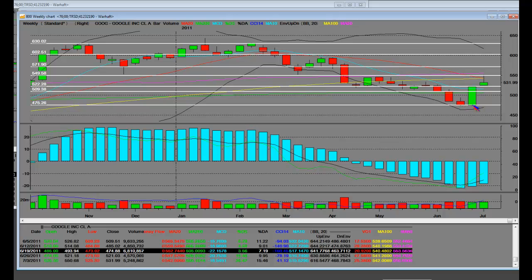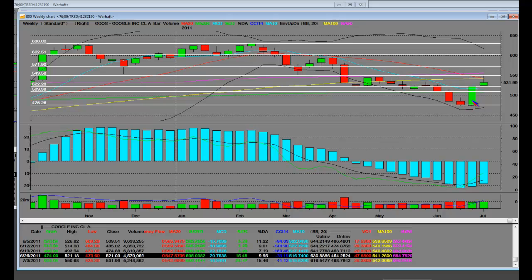We had the big weekly breakout. This weekly breakout, so people understand, the weekly low breakout was 473.60 to this weekly high of 521.18. Now, you MMTs were here buying that Google and those call options that were extremely cheap. And what a wonderful, great move it was.